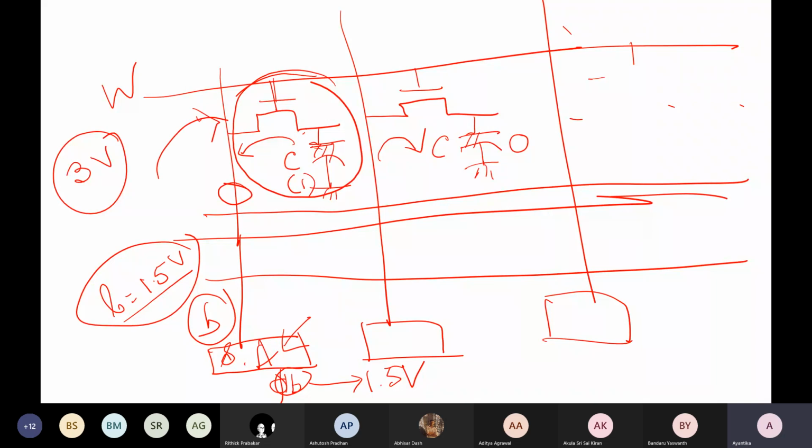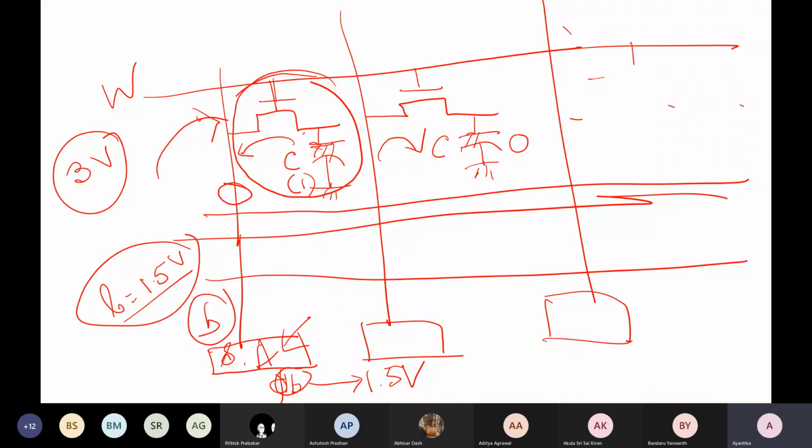In short, whenever we are trying to read one block, it is not possible in general to read just one block. We are basically reading one row together, and then we are again writing back the row. To write to the row again, we have to change this word line voltage.